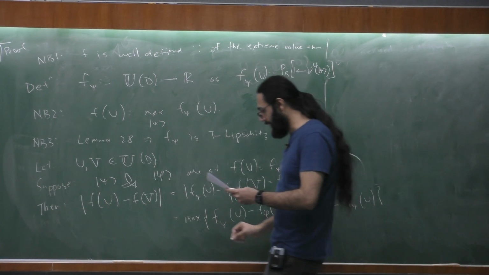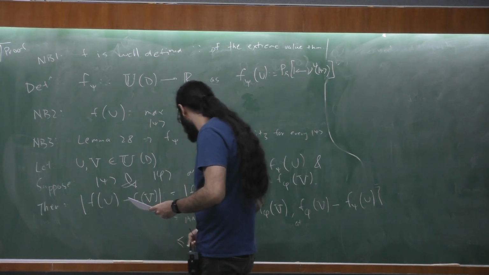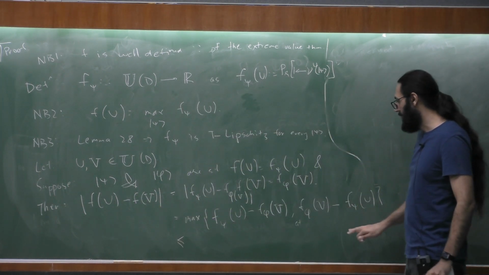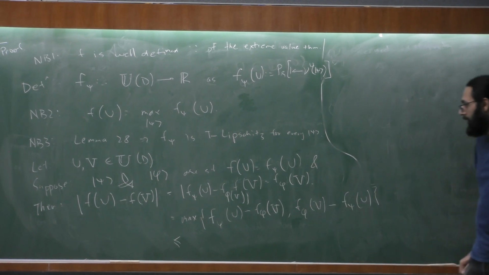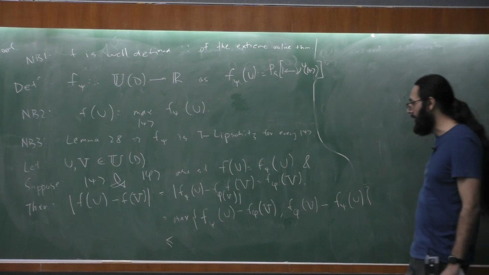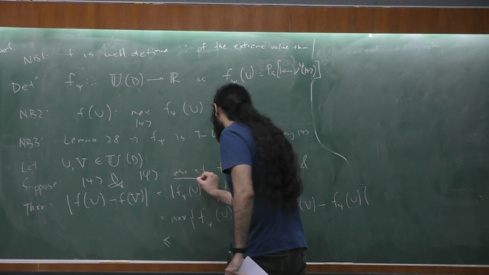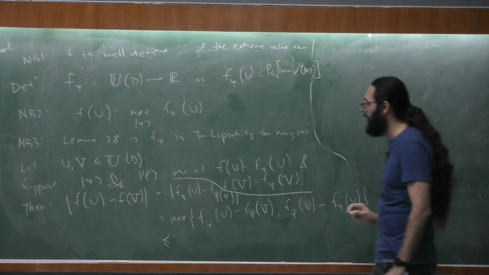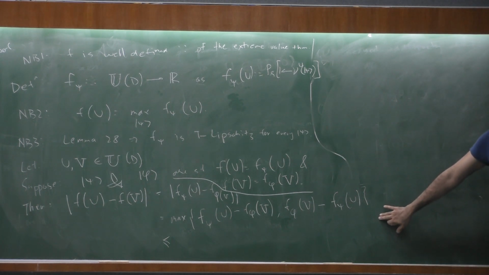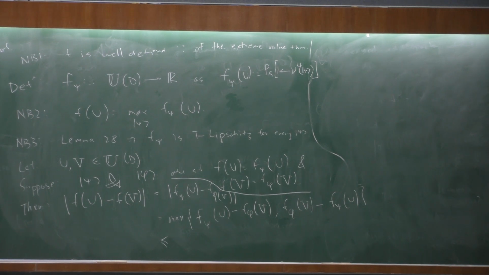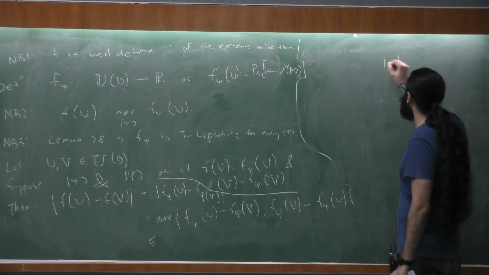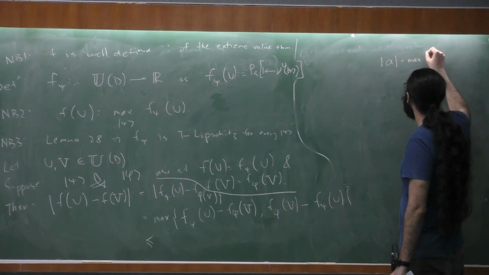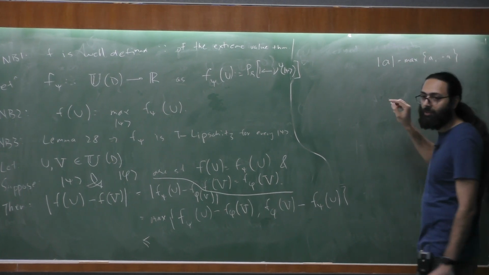All right, and now, is this fine? I've just written the, yeah, let me, so board work is getting a little confusing, sorry. Is this step okay? I've just written that mod A is basically max of A and minus A. That's all I've done.